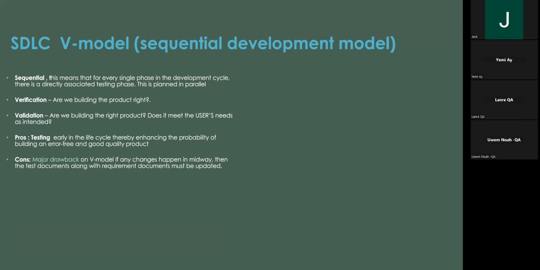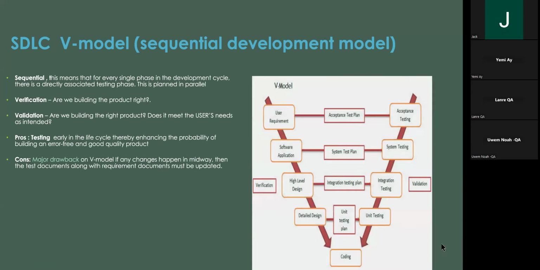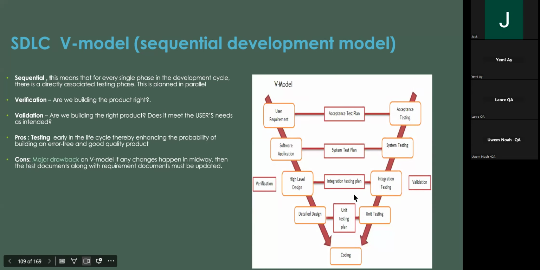But the major drawback of the V-model is that if any change happens in the middle of the way, then the test documents along with the requirement documents must be updated. So if we had an issue at the third phase, you'll have to go back and start all over again.